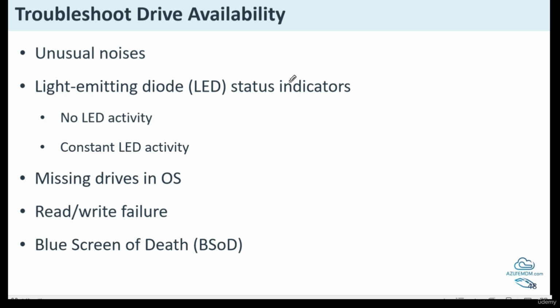If visible in BIOS but not in the operating system, initialize and format it, for example via Disk Management in Windows or Disk Utility in Mac. For sudden failures, test with diagnostic tools or try the drive on another PC to rule out hardware faults.